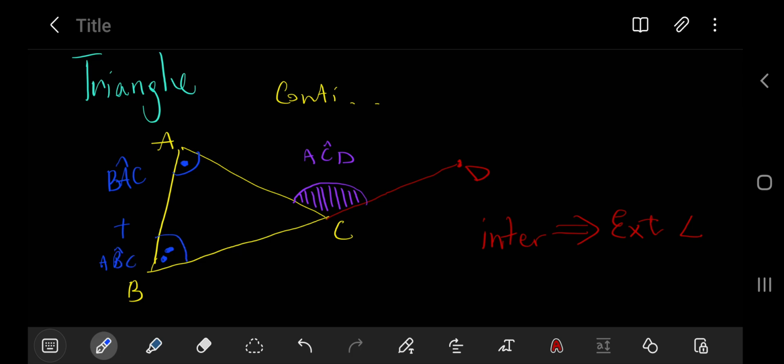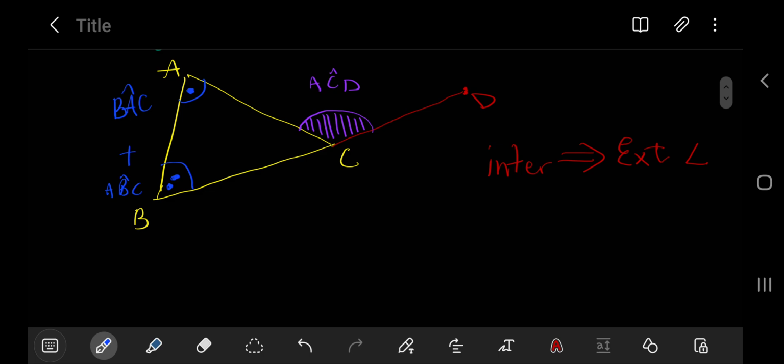Okay, so every time you have a continuation of one side, or every time you have a line which is produced to a certain point, expect an exterior angle which is equal to the sum of the opposite interior angles in that triangle, right?